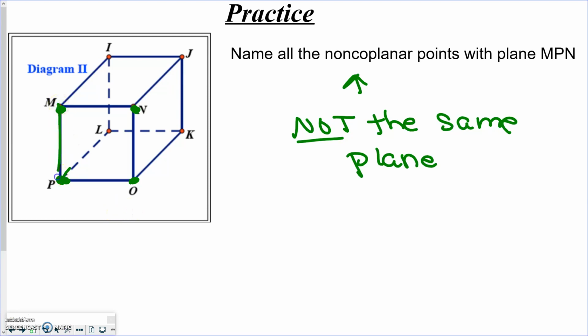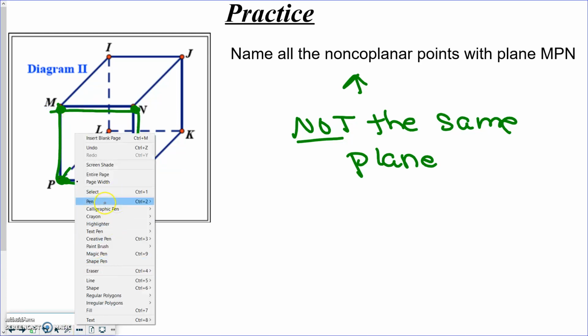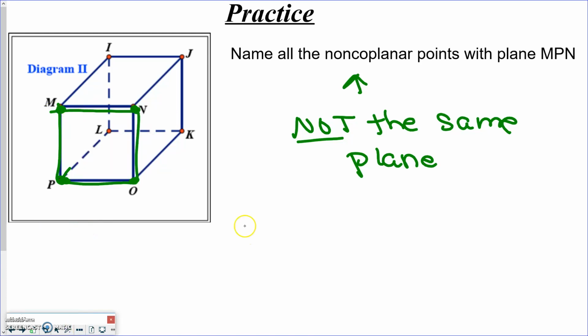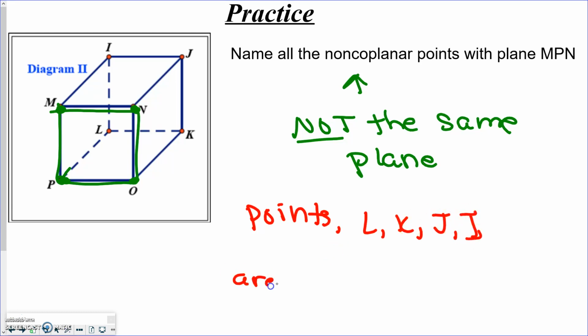So it is only this plane that it's a part of. Every other point that's not highlighted are the points that are non-coplanar. So points L, K, J, and I are non-coplanar.